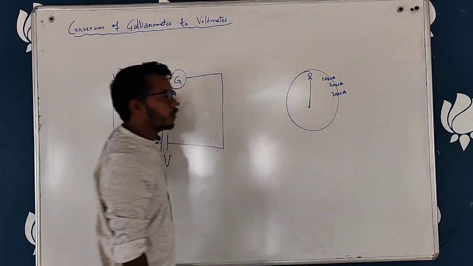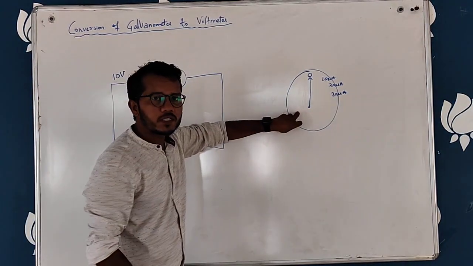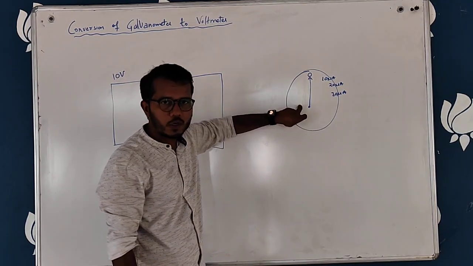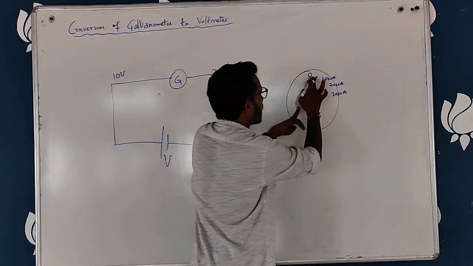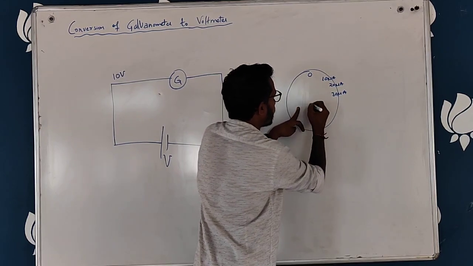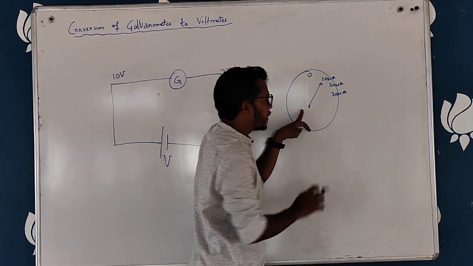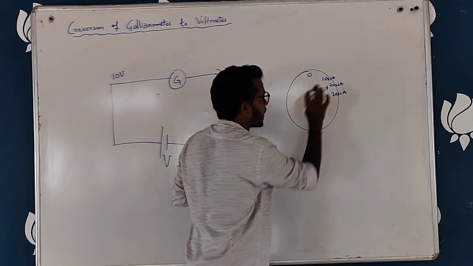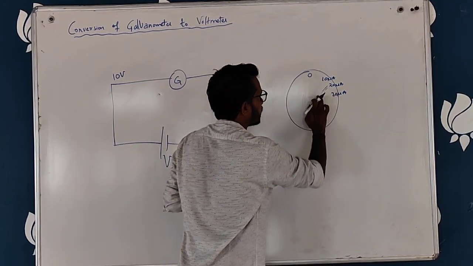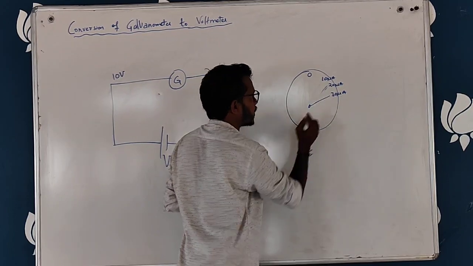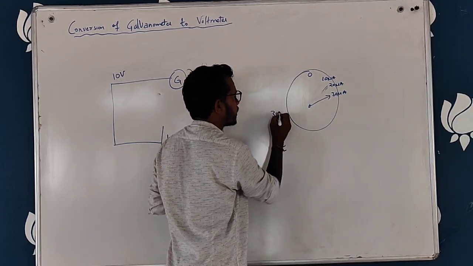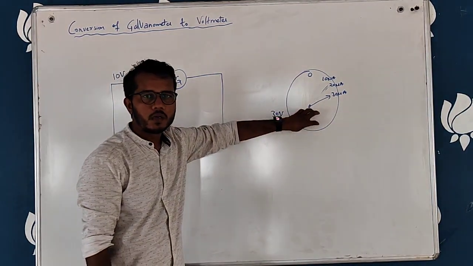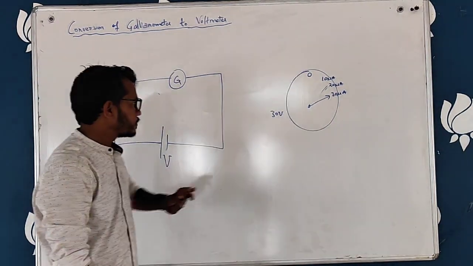If I supply 10 volt, or a 10 volt potential drop across this galvanometer, then it has to show a deflection of 10 microampere. And if my input is 20 volt, then it has to show 20 microampere. And if I am supplying 30 volt, then it has to show 30 microampere. So this is my main job here.